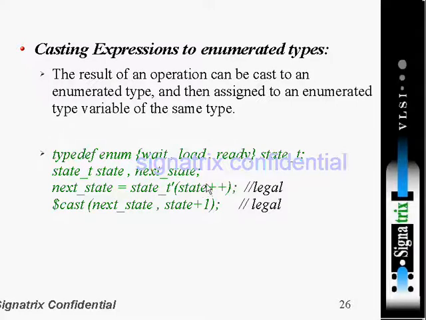So as we have discussed in the previous slide, state plus 1 we are typecasting here. Okay, so it's a legal one. Next, dynamic casting. For dynamic casting, what do we use? $cast. So here we mention the name and the expression. So it will cast to this one. So these are all legal.